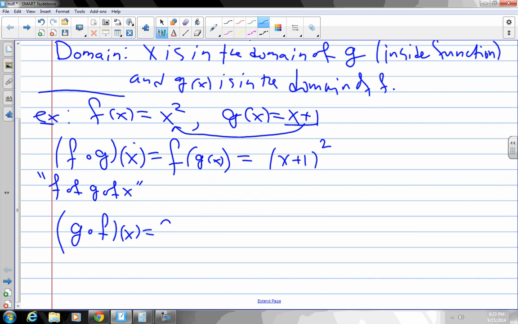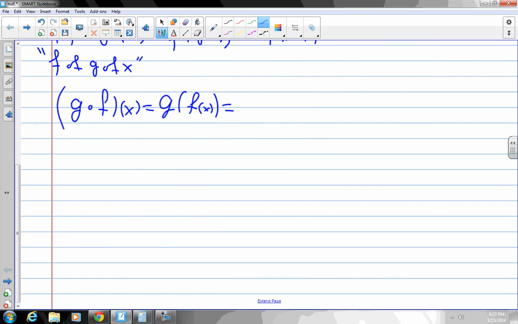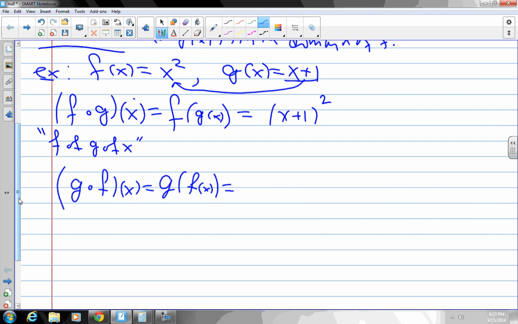So if I make f the inside function, what do you think that will be? x squared plus 1. f is going to replace the independent variable in g, so it becomes x squared plus 1. Because g is just adding 1 to whatever you give g to play with, right? Here's a bottle, bottle plus 1. That's what g does. So I'm giving g another function, f. f gets 1 added to it. Is that okay?